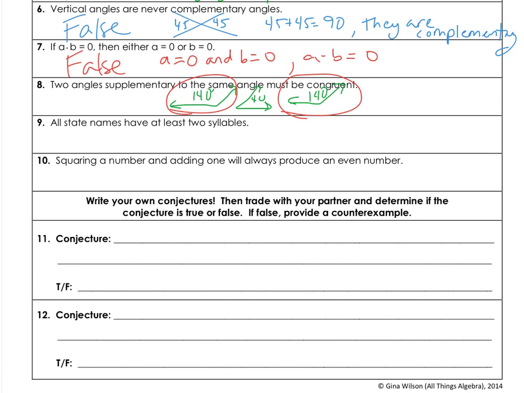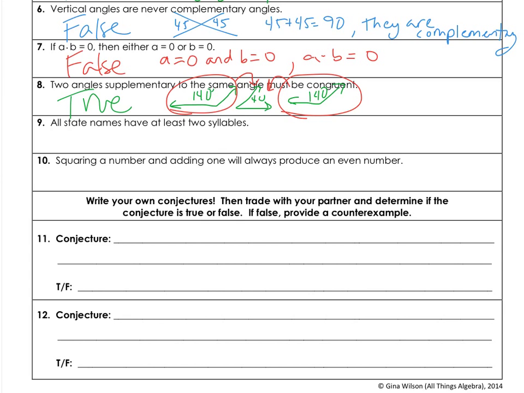If those 2 that are circled in red are supplementary to the same angle, so this is 40 in the middle, then what do you notice about the first and last one? That these are congruent. So this is a true statement.